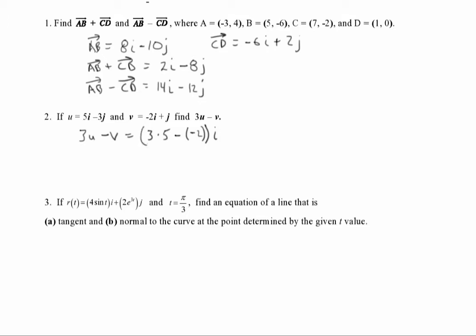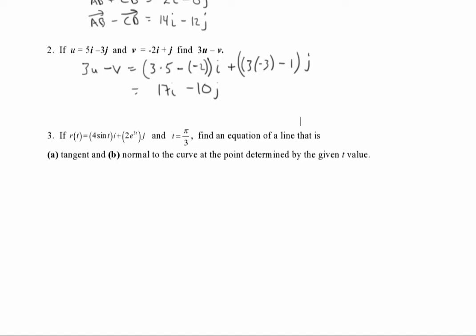And then I'm going to go ahead and move that minus and just deal with it as plus. So I'll have, again, 3 times the j component this time, minus the +1, so I'll have -1j, and then all you're doing is simplifying that, so 17i minus 10j. All right, let's do the next one.